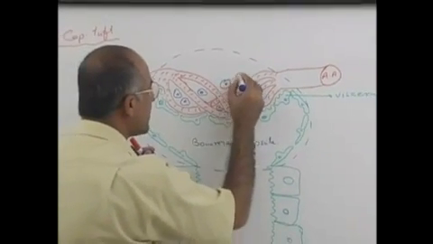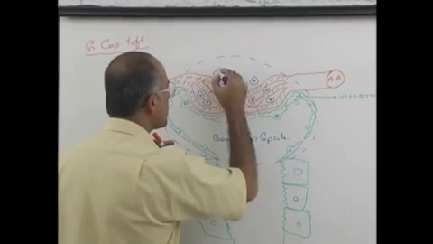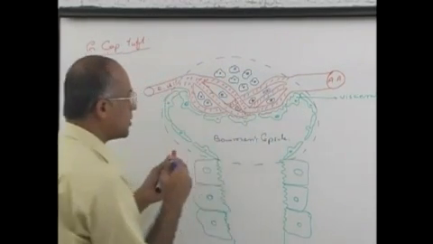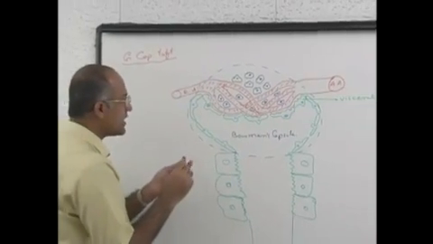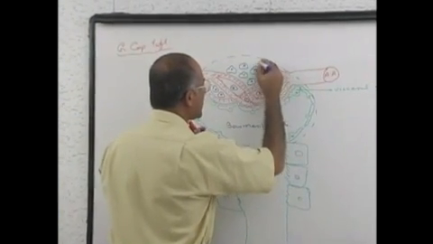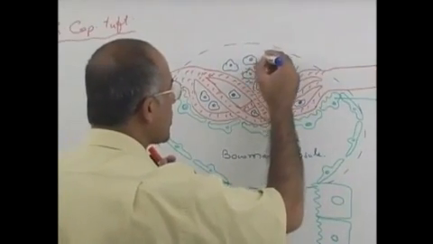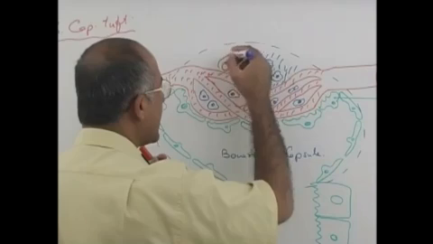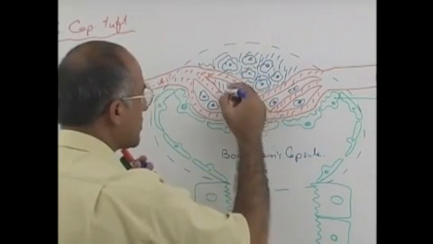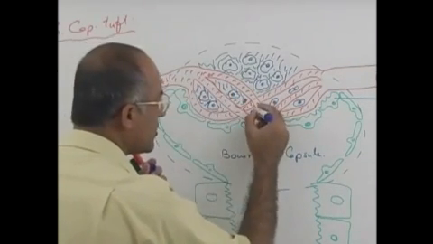And mesangial cells also produce lot of connective tissue, and I can show you that connective tissue in blue lines. And this connective tissue, including the mesangial cells and this connective tissue together, right.